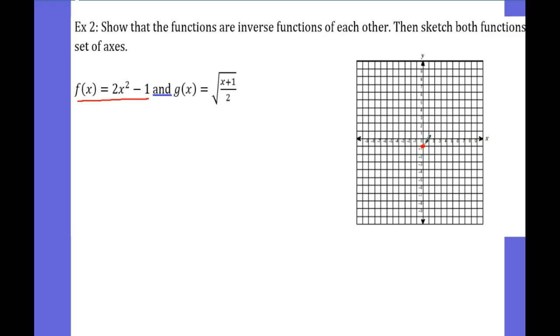What does the 2 out in front tell you? Yeah, it's much more narrow, right? So instead of going up 1 and right 1, you have to go up 2 and right 1. And instead of going up 4 and over 2, we go up 8 and over 2.